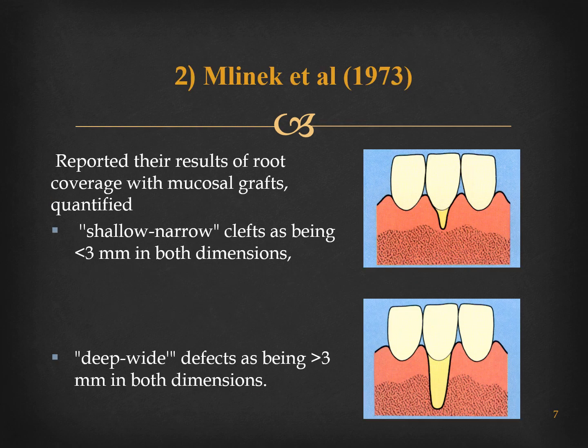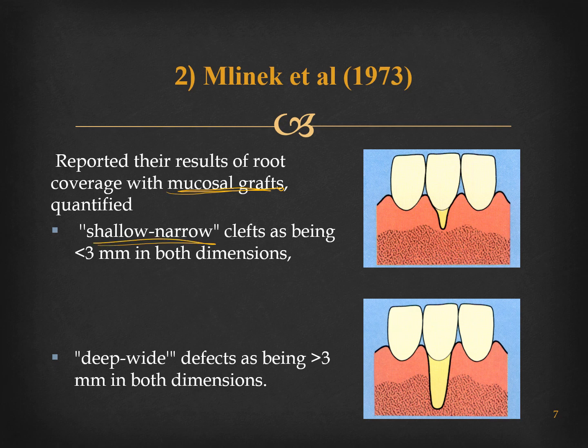Next was given by Mlinek et al. in 1973. They reported their results of root coverage with mucosal grafts, and according to root coverage they classified the recession.